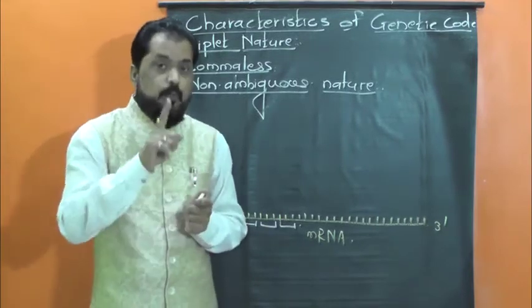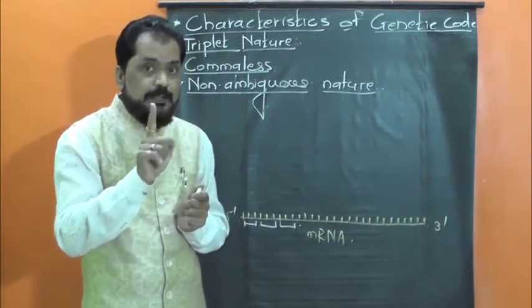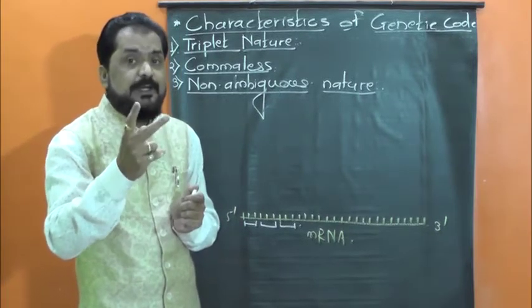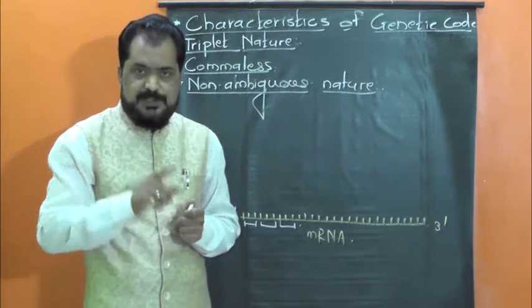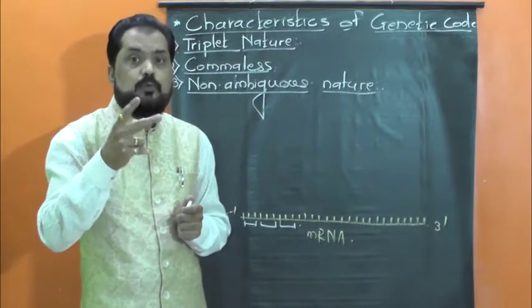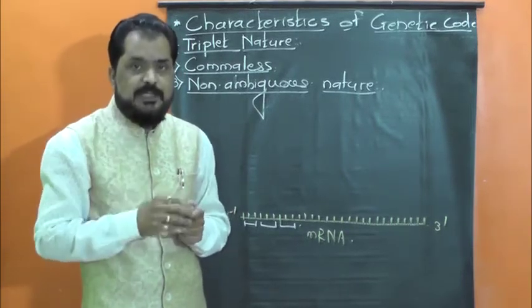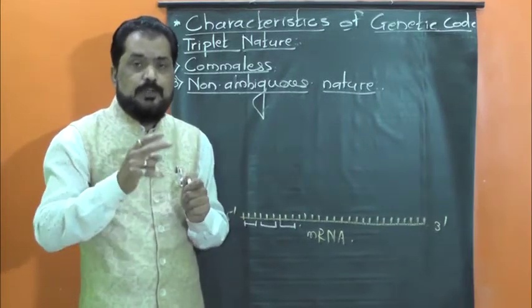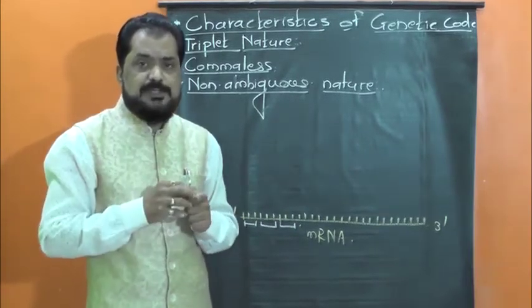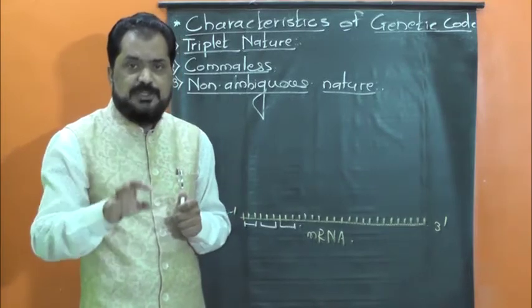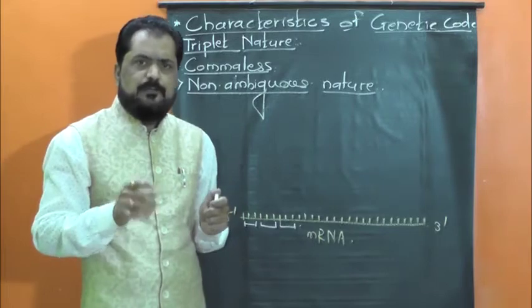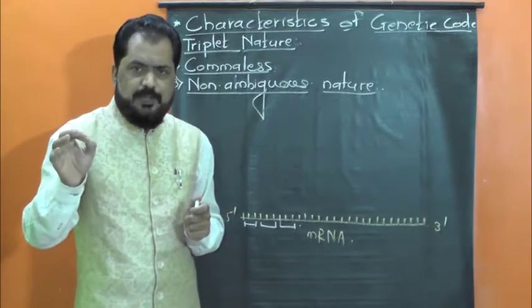It means one codon does not carry the information for two different amino acids. याचा अर्थ एक कोडॉन दोन किंवा दोनापेक्षा अधिक अमायनो ऍसिडला स्पेसिफाय करणार नाही. Each codon is specific for a particular amino acid.